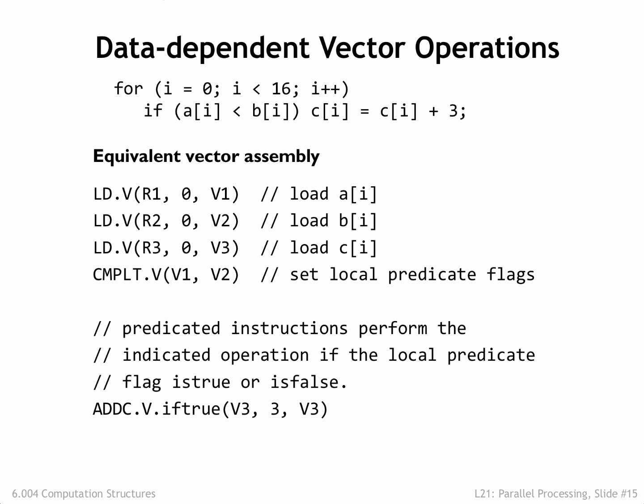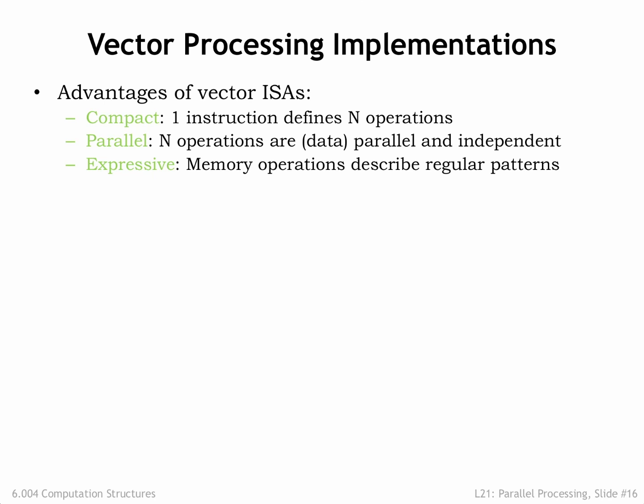The x86 instruction set architecture includes a conditional move instruction, and in the 32-bit ARM instruction set architecture, almost all instructions can be conditionally executed. The power of vector processors comes from having one instruction initiate n parallel operations on n pairs of operands.